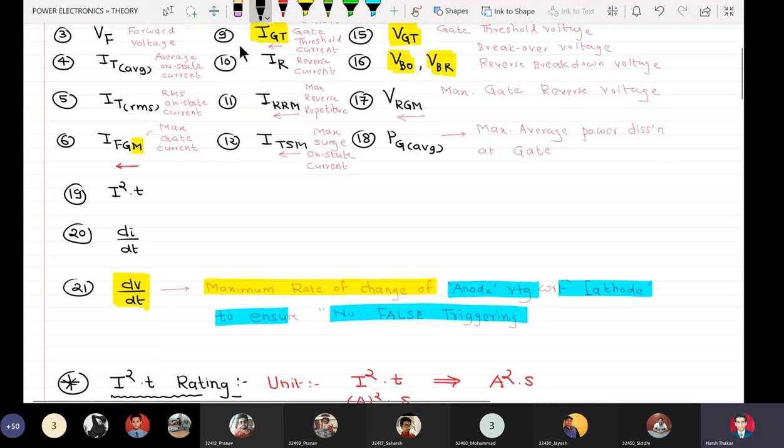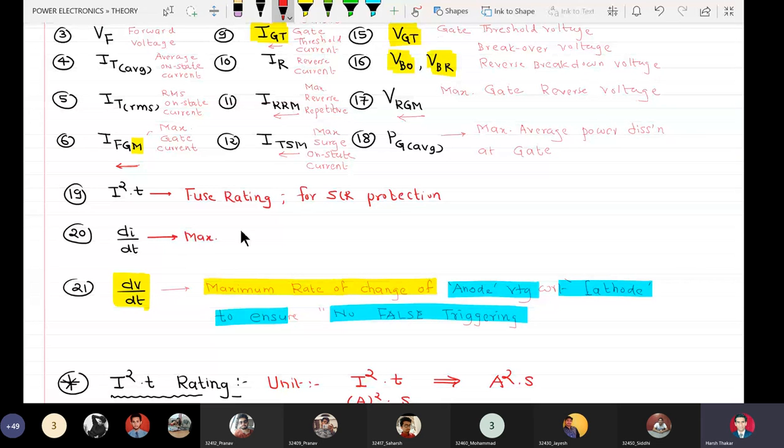So we can say this is the fuse rating, which is used for SCR protection, and di/dt rating is nothing but the maximum rate of change of device current IA.